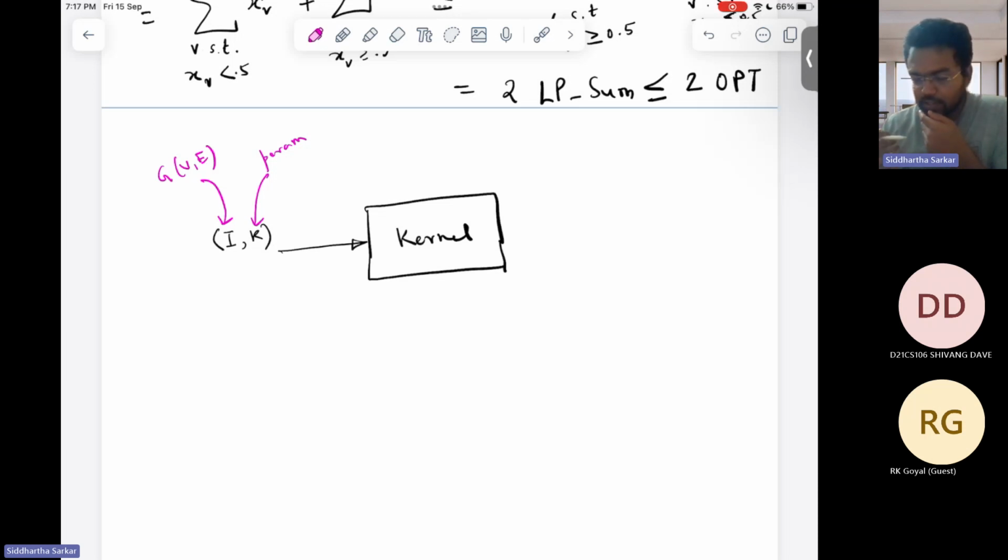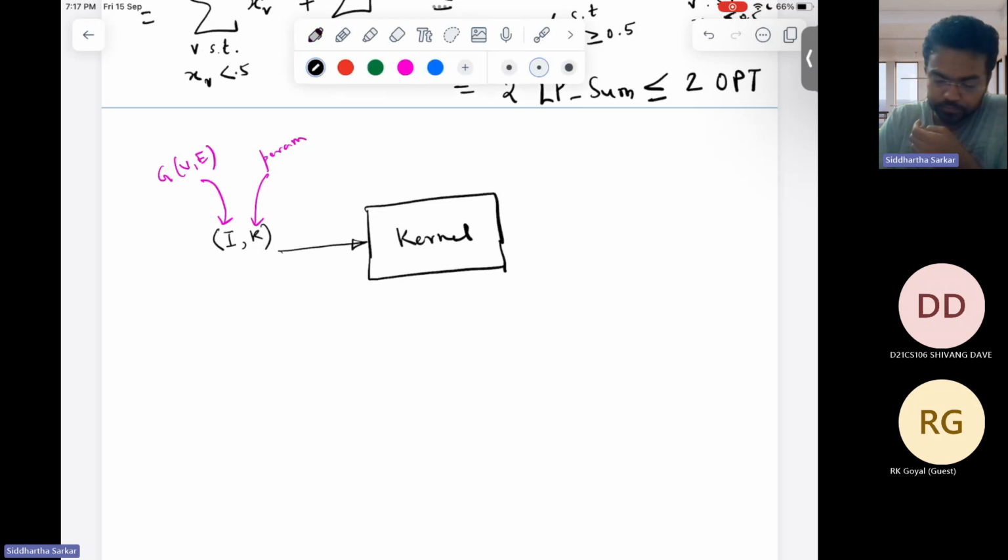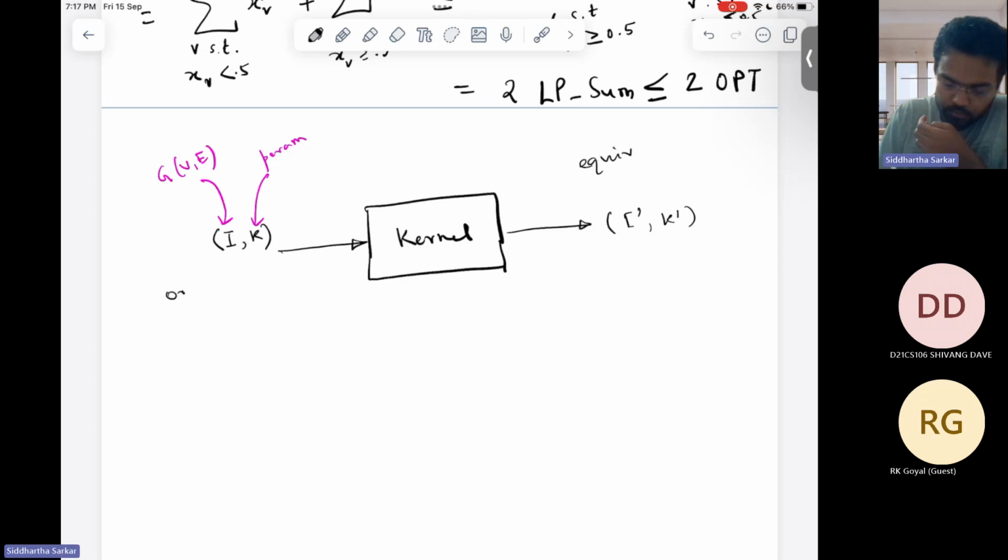Okay, so what does the kernelization algorithm do? It takes an instance, in this case a graph and a positive integer k, and it produces an equivalent instance I dash comma k dash. So this is the original instance, and this is an equivalent instance.